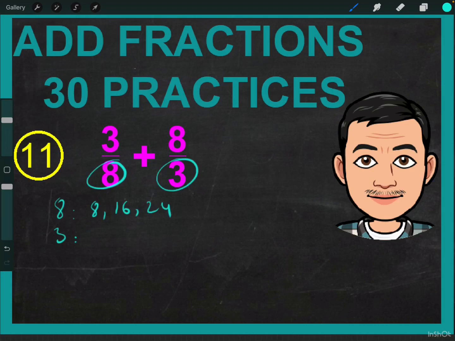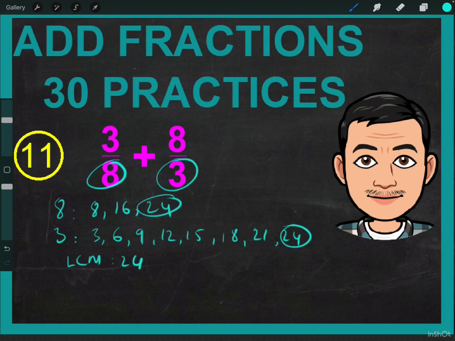For number 3, we have 3, 6, 9, 12, 15, 18, 21, 24. 24 is the LCM of number 8 and number 3. So we will convert 3 over 8, we will multiply 3 to both numerator and denominator.